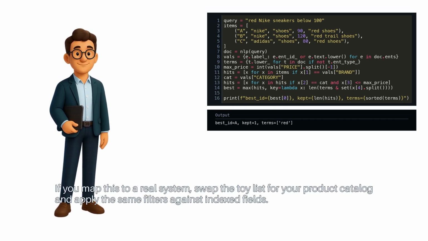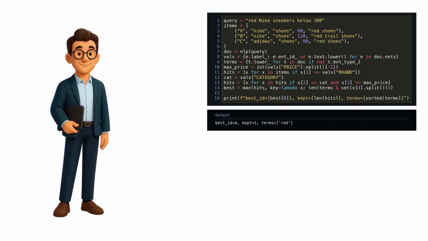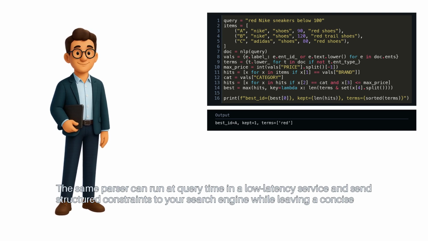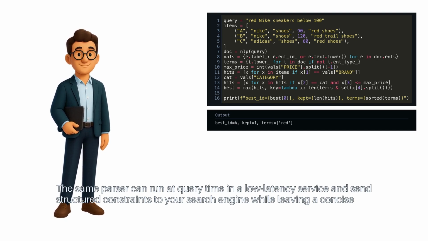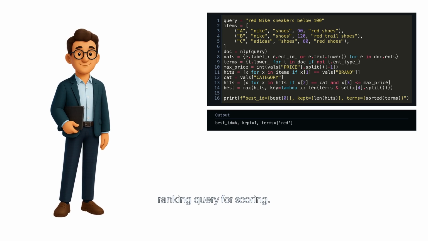If you map this to a real system, swap the toy list for your product catalog and apply the same filters against indexed fields. The same parser can run at query time in a low latency service and send structured constraints to your search engine, while leaving a concise ranking query for scoring.